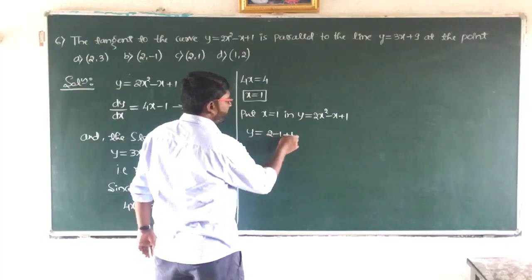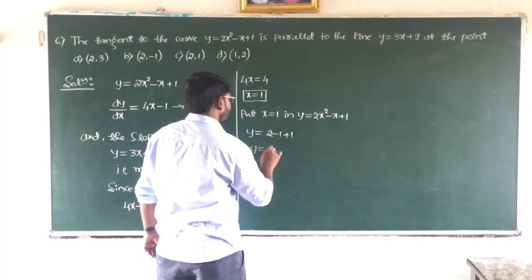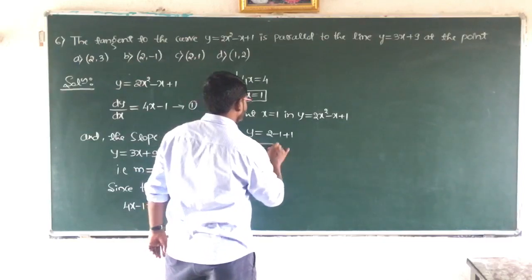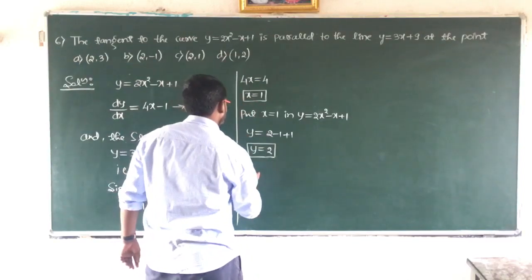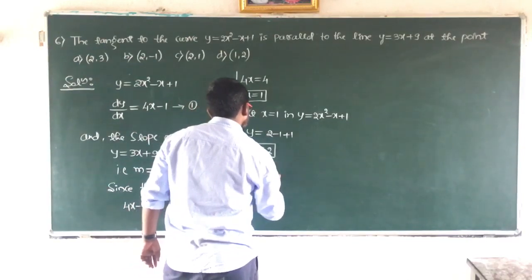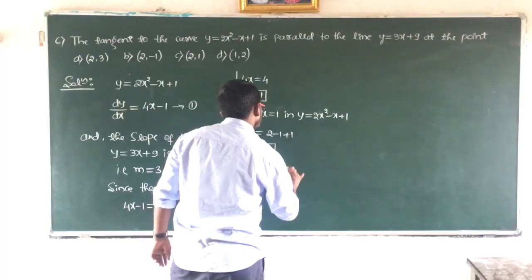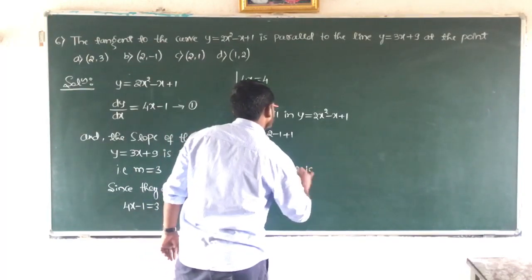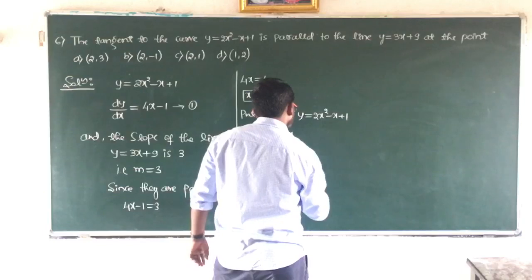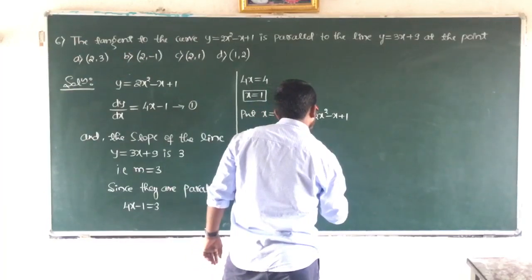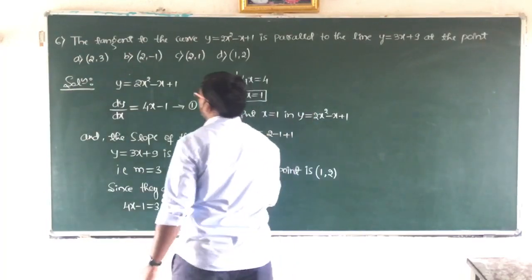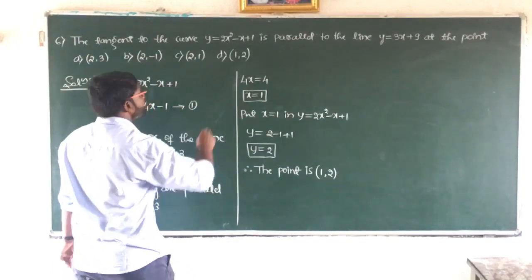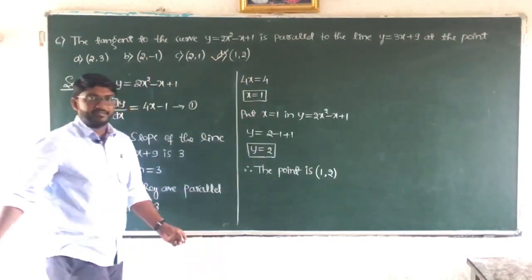So, minus 1 plus 1 get cancelled, y is equal to 2. Therefore, the required point is 1 comma 2. So, which is the right answer now? It is option D.